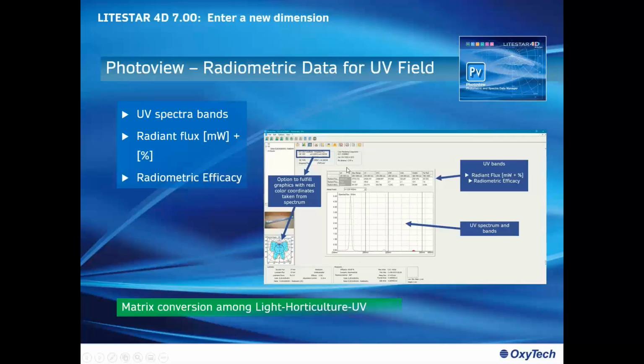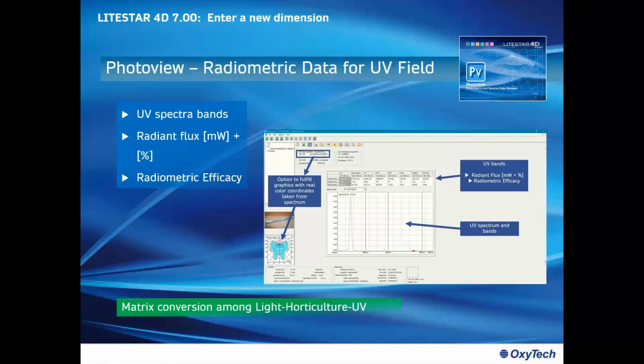Over here, we have a different approach, because this is an approach typical for the UV, and so we have the different bands and the different contribution of the different bands to the total UV contribution. So we have UV spectra bands, we have the radiant flux expressed in milliwatts and expressed as an average of a related one.